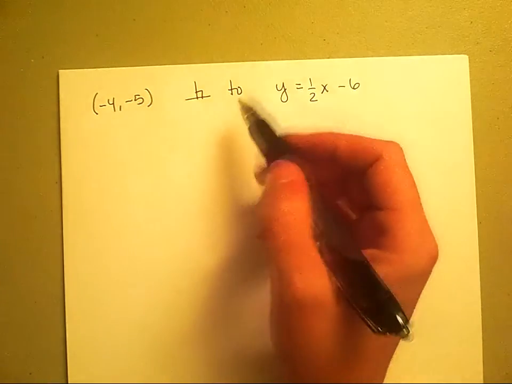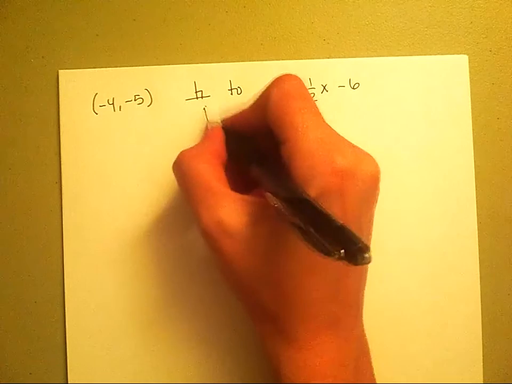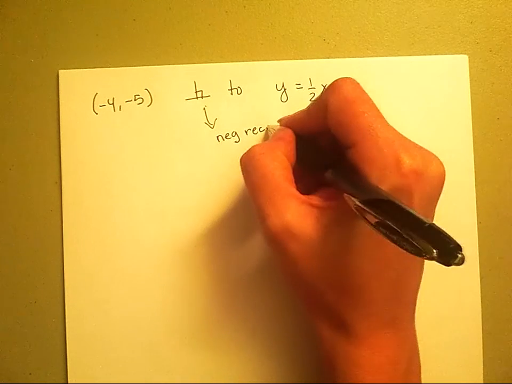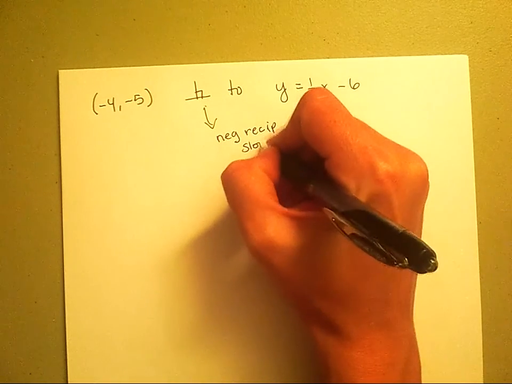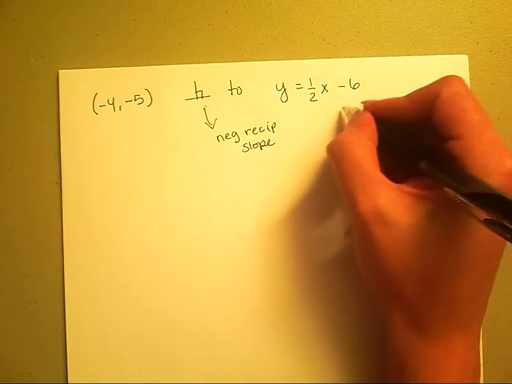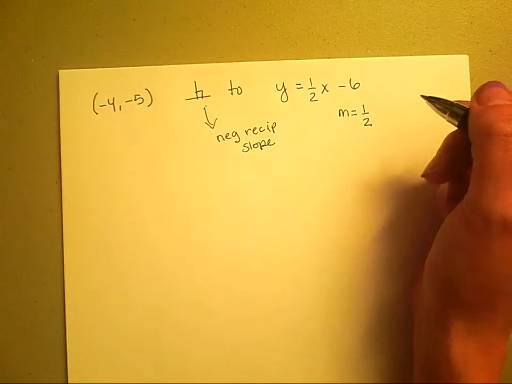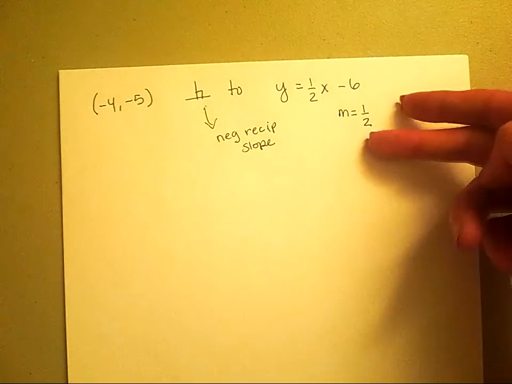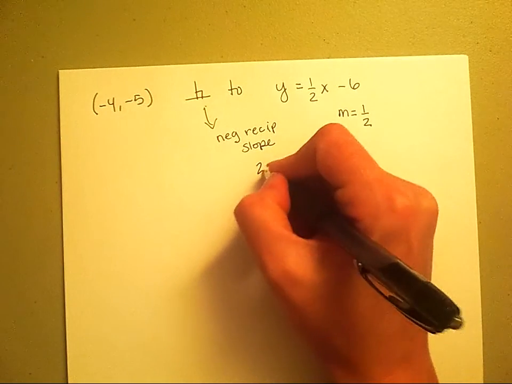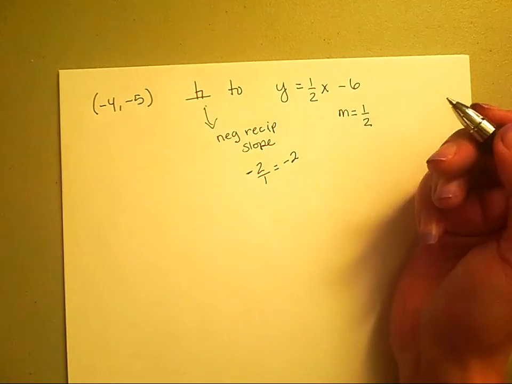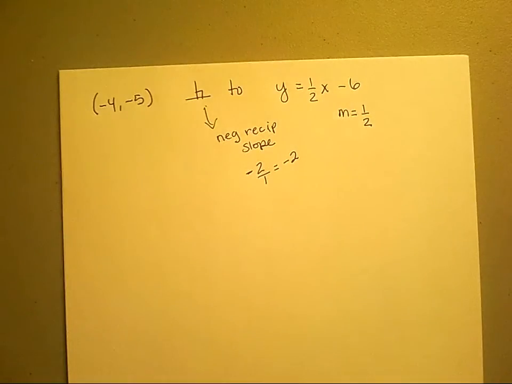If we're going to be perpendicular, this means we need to have a negative reciprocal slope. So our line here, m is equal to 1/2. But what we need is the reciprocal, 2/1, and negative. And that's just -2.